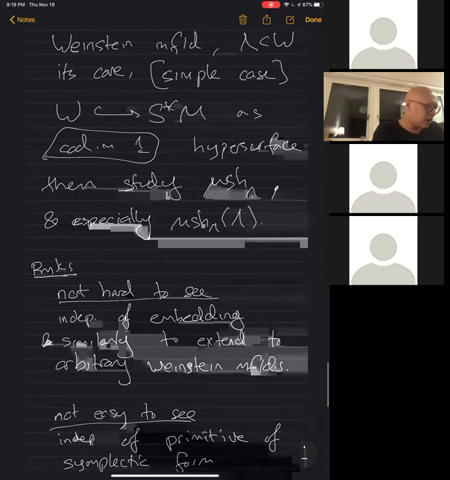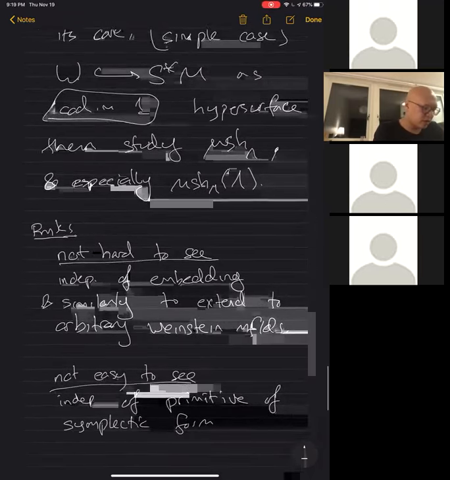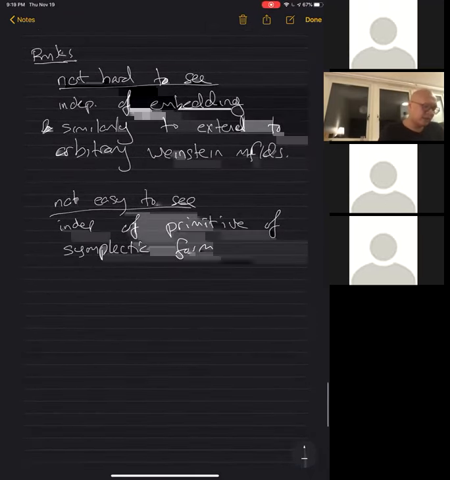And if you change that one form while keeping d of it the same, this lambda can change very violently. And as you saw, my definition of this mu sheaves of lambda was in no way apparent what should happen to it as lambda changes. So yeah, what's not so easy to see is that this is independent of the primitive.